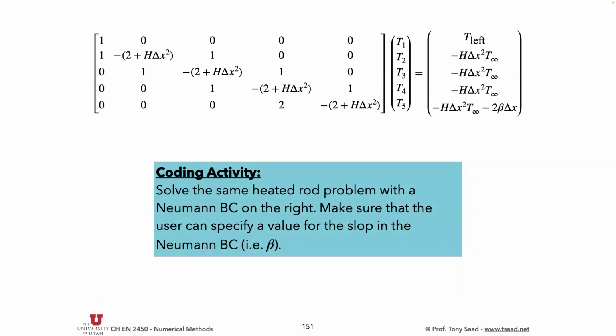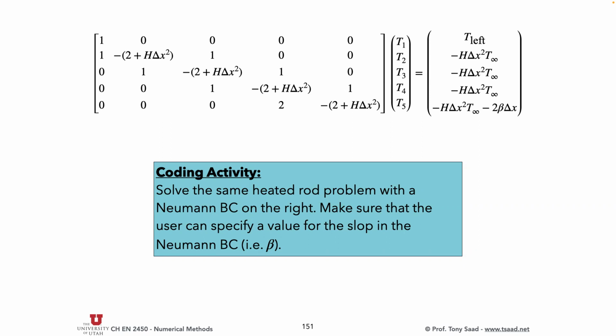If we had approximated that Neumann condition with a first order approximation like Tn plus 1 minus Tn over delta x, it would have introduced an order delta x error, a first order error, which will contaminate your solution entirely. Because the dominant error is always the lowest order error in your problem. So that's why we chose to use a second order approximation.